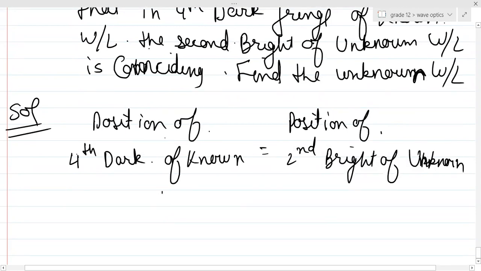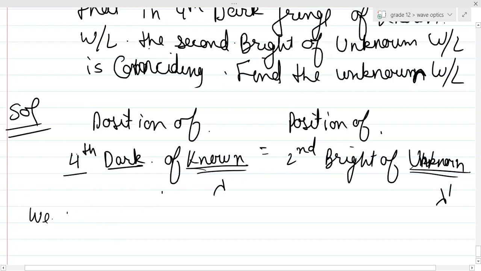For known wavelength, let us say it is lambda, and for unknown wavelength, let's say lambda dash. Do you remember the formula for dark fringe?